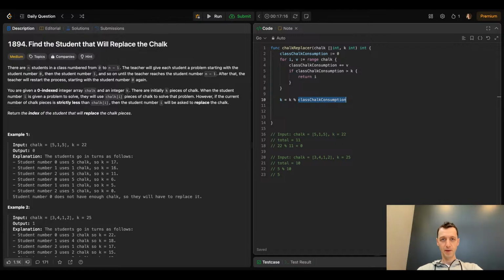dry run, and then basically do the same thing. What it means the same thing? Well, it's sort of the same, but it's class chalk.